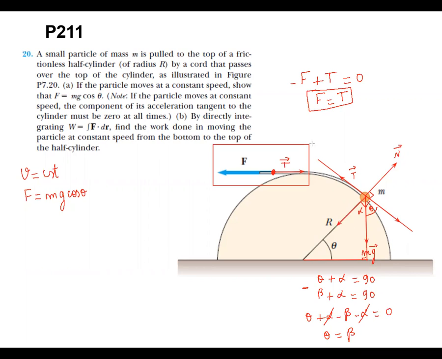Because the line of motion is up, we take this direction as the x-axis, and here we have y. Here we have mg, mgx, and mgy.